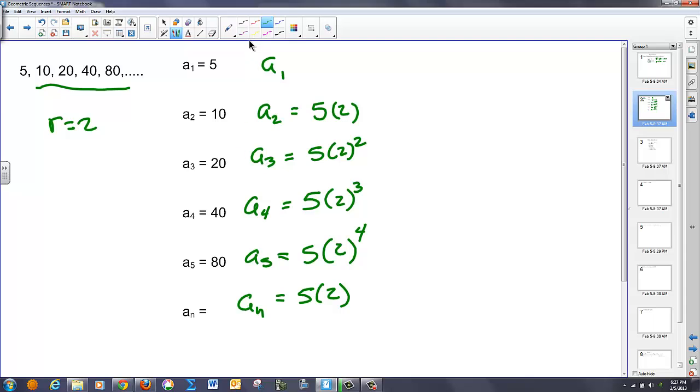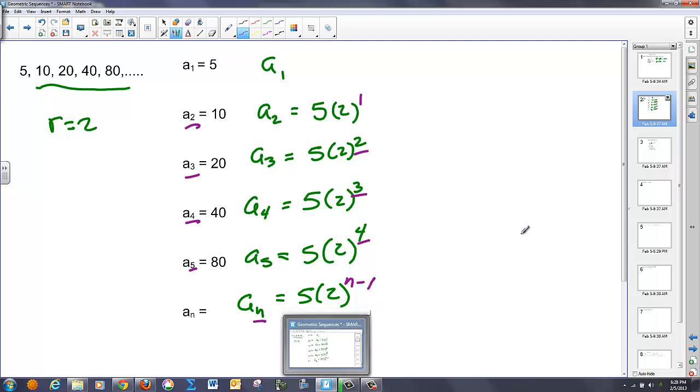Now once again, I want you to take a look at the subscripts and the powers. And you'll notice between the subscripts and the powers, there's always a difference of 1, the power being 1 less than the subscript. So if my subscript on the nth term is n, then the power must be 1 less than that.